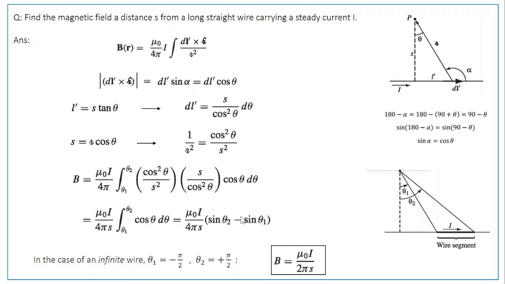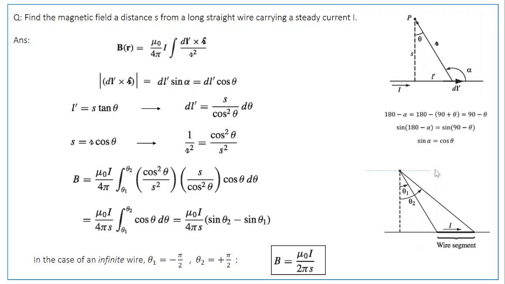Let's consider a special case. Assume that the wire is infinitely long. So now what happens to the angles here? So let's look at theta 2. So theta 2 is the angle from here to here. So when the wire is infinite, it's extending all the way to infinity towards the right. So what happens? Theta 2 increases, increases, increases.